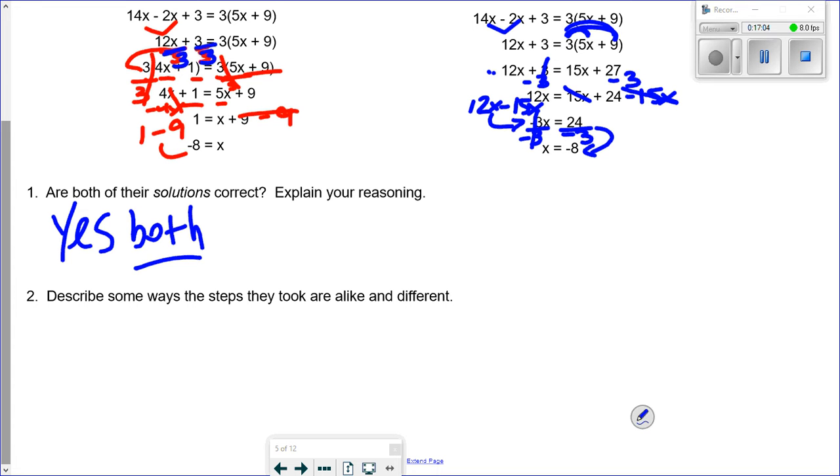So, how are they alike and how are they different? Well, one major thing that they both did alike was the first step, right? They both combined like terms and did 14x minus 2x.